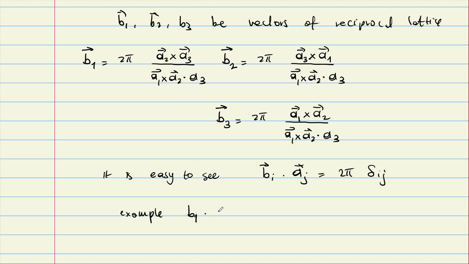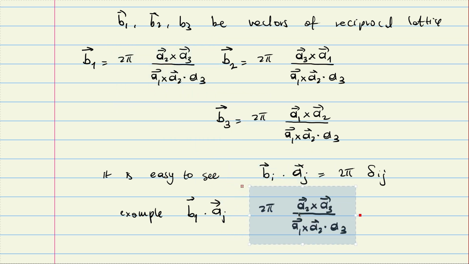B1 dot Aj is going to be, let's copy this, Aj dotted with A2 cross A3, but A2 cross A3 is going to be perpendicular to both A2 and A3, and if j is equal to 2 or j is equal to 3, this is going to be 0.